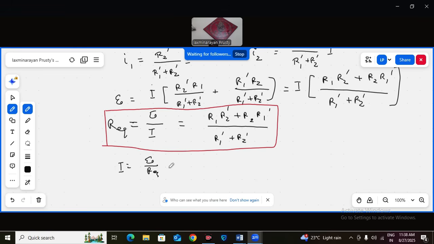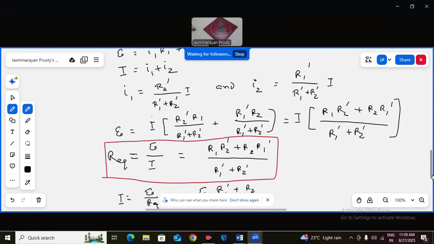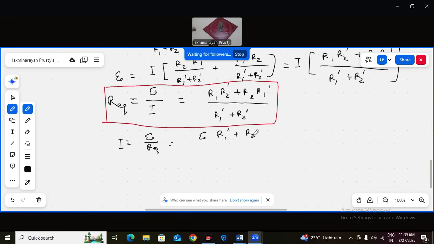E by R equivalent, E into R1 dash plus R2 dash divided by R1 R2 dash plus R2 R1 dash. Okay, this is the I.